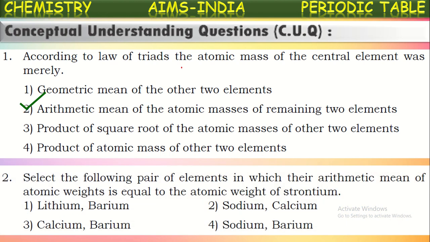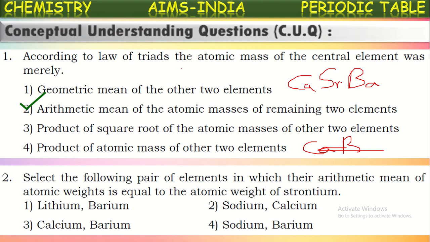Next, select the pair of elements whose arithmetic mean of atomic weights is equal to the atomic weight of strontium. Strontium is one of the elements in Dobereiner's triads, from the set calcium, strontium and barium. When written in increasing order of their atomic weights, we get the series calcium, strontium and barium.